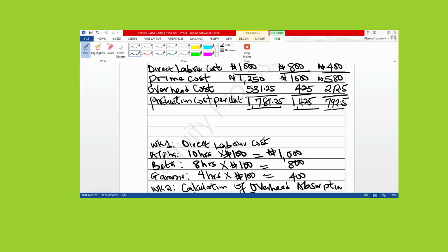All right, we go to Figure 2. Now look at calculation of product cost per unit using activity-based costing. Look at calculation of production cost per unit using the activity-based method.